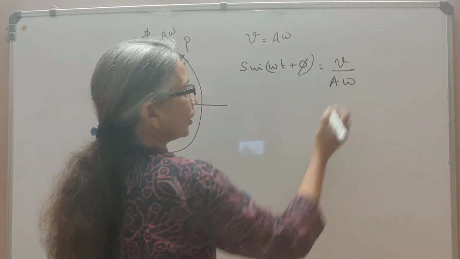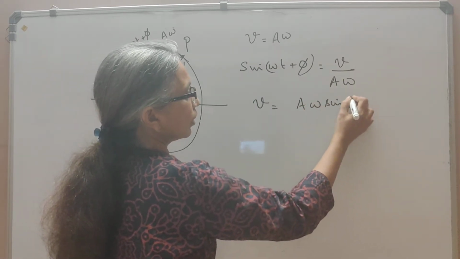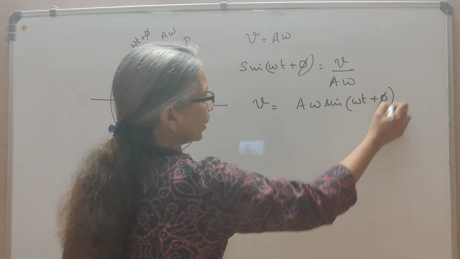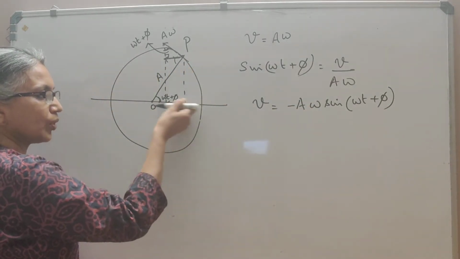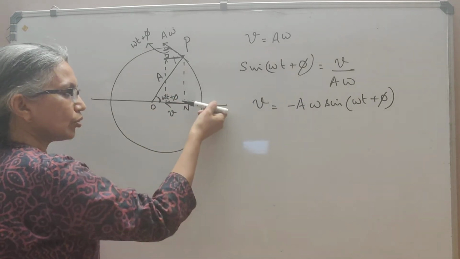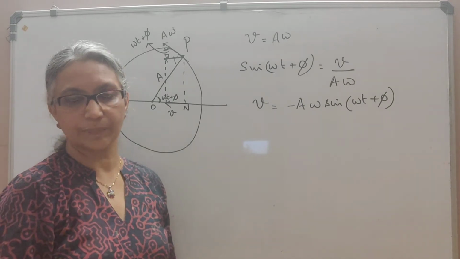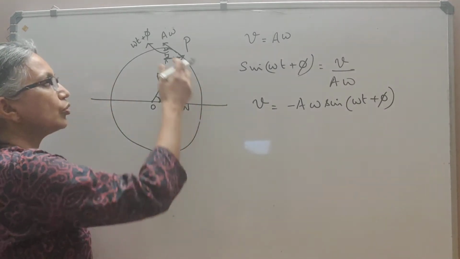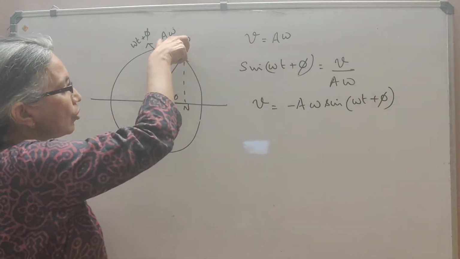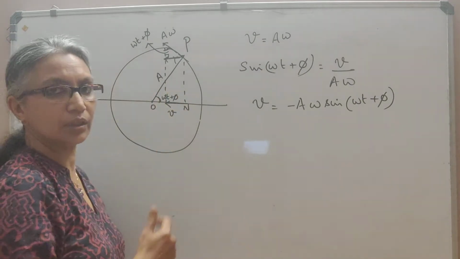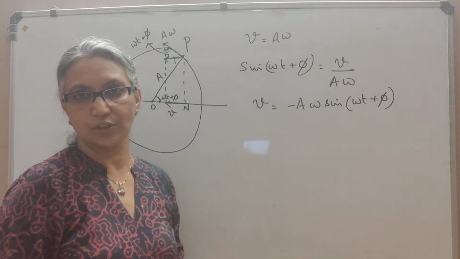So v is equal to a omega sine omega t plus phi, with a negative sign, because you see this is towards the left, towards the mean position. So the velocity is now towards the left, and therefore minus a omega sine omega t plus phi. So without differentiating, using this reference particle in circular motion, by taking the projection of the velocity of that circular motion onto the diameter, you can still arrive at an expression for the velocity, which is what we got in the previous session also.